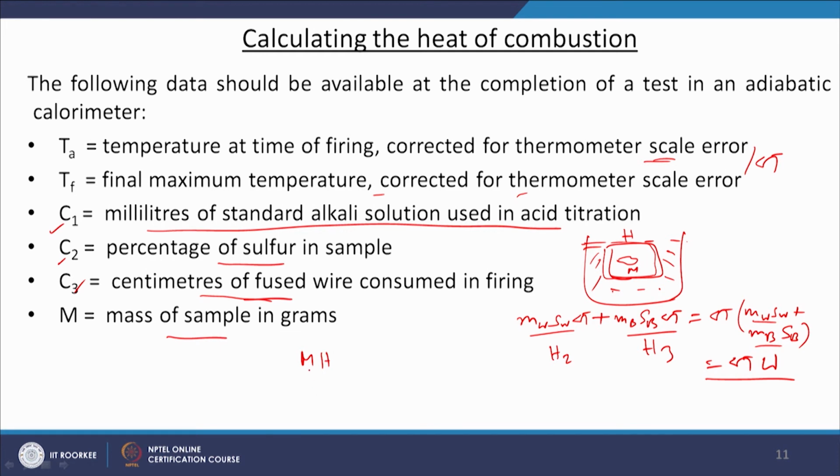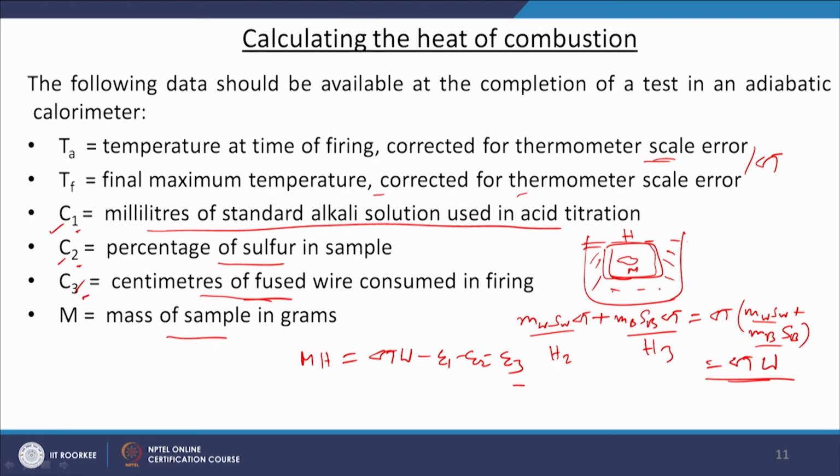So, m into H, the high heating value, is equal to del T into W. But as we mentioned, this is not exactly the amount of heat generated during the combustion, because it also adds something. So, we have to subtract those because of the error corrections E1, E2, E3. E1 is due to C1, E2 is due to C2, and E3 is due to C3.